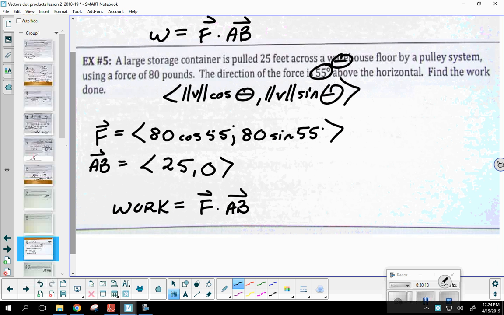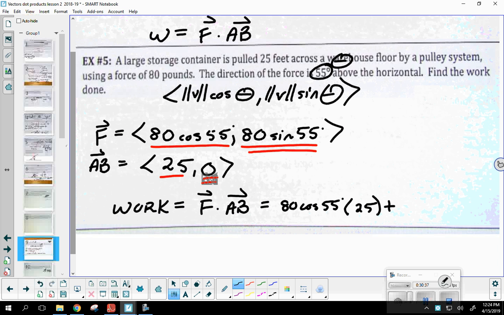Well, it's just like we did before. I'm going to multiply the corresponding parts. So I'm going to say this is 80 cosine of 55 times 25 plus 80 sine of 55 times what? 0.